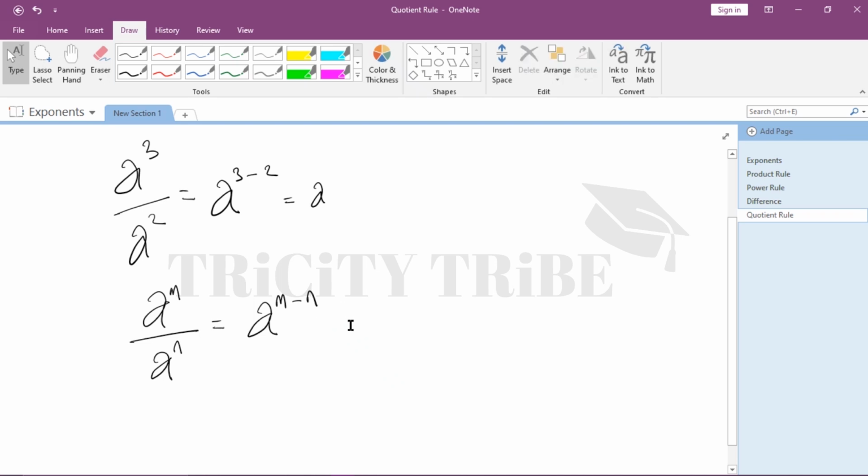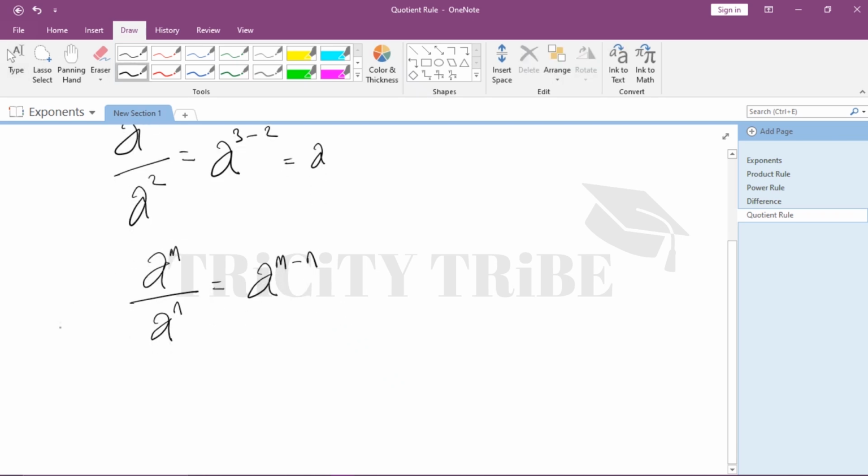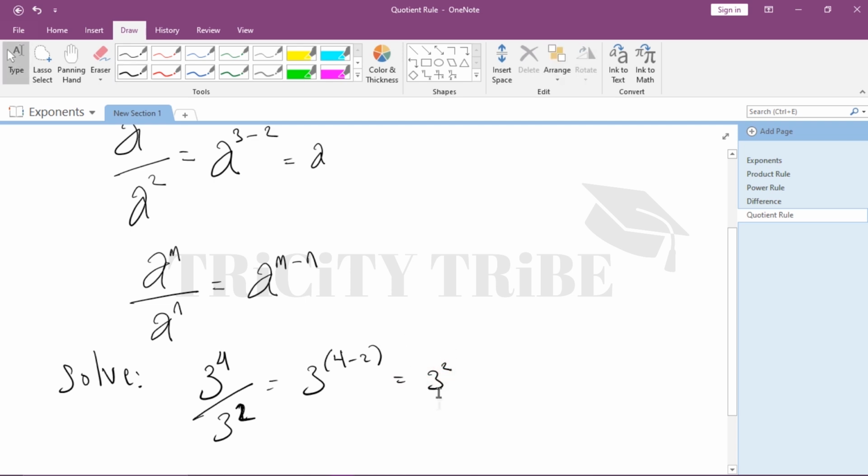Let's solve an example. If you have 3 raised to power 4 over 3 raised to power 2, that is 3 to the power 4 minus 2, which is 3 raised to power 2. Let's take another example.